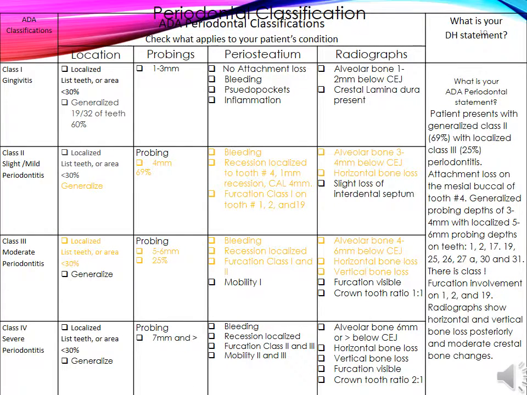My ADA periodontal statement is as follows. Patient presents with generalized class 2 periodontitis in 69% and localized class 3 periodontitis in 25%.